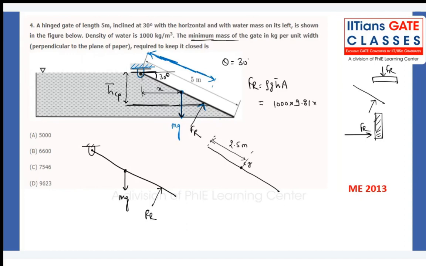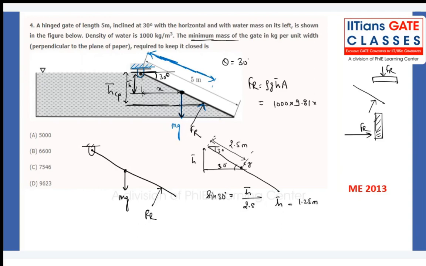That is my vertical distance. So how to calculate from here to here? This angle is my 30 degree, this will also be my 30 degree. So sine 30 degree will be h bar divided by 2.5. So once you calculate h bar from here, that is 1.25 meter.